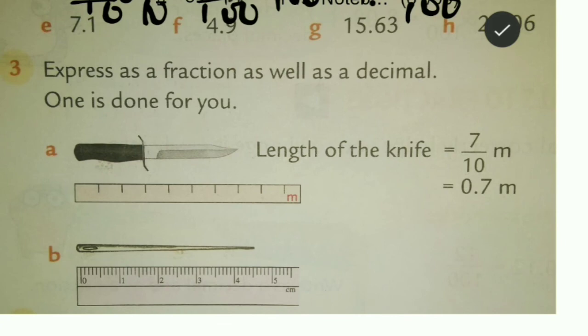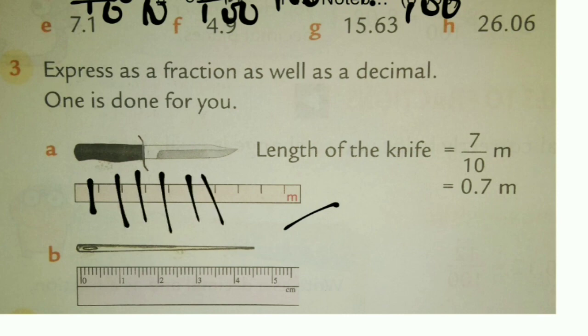In this one, express as a fraction as well as a decimal, one is done for you. In this one, this is the scale, and the scale is 1 meter, and this is 1 centimeter, 2 centimeters, 3, 4, 5, 6, 7, 8, like this. Okay, so the length of the knife is 7 upon 10.